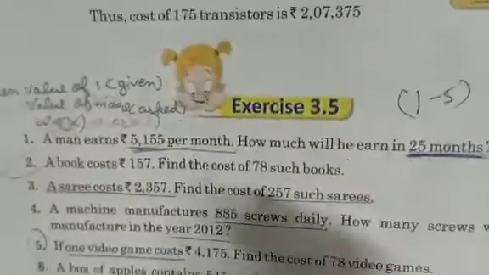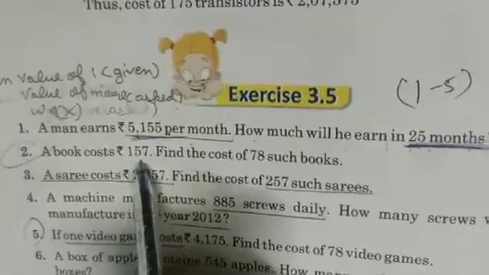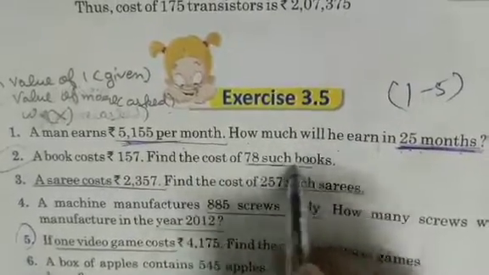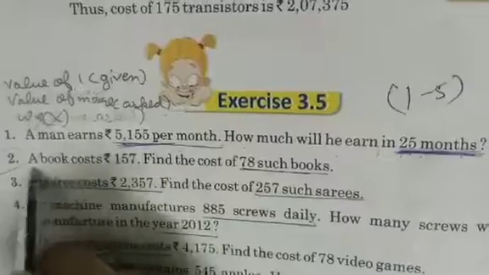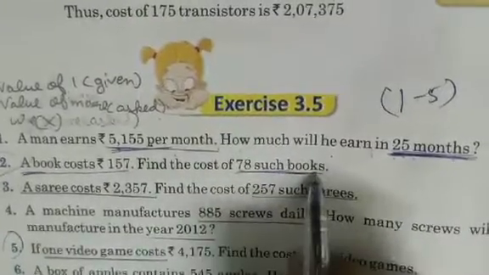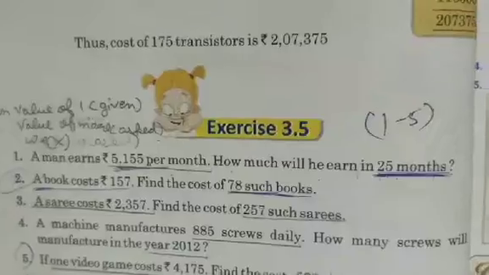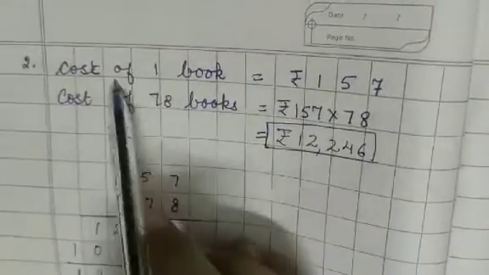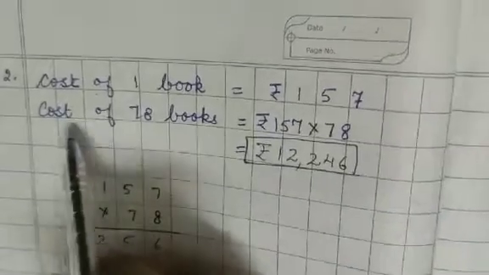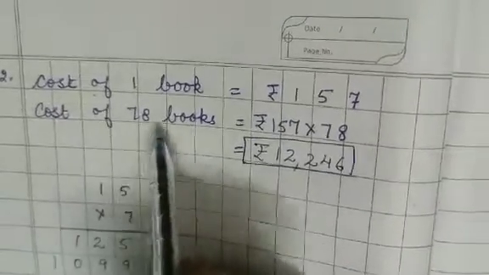The next question is, a book costs rupees 157. Find the cost of 78 books. Now they have given the cost of one book, and they are asking the cost of 78 books. So the same method we will follow. The cost of one book is rupees 157 and what they are asking, the cost of 78 books.